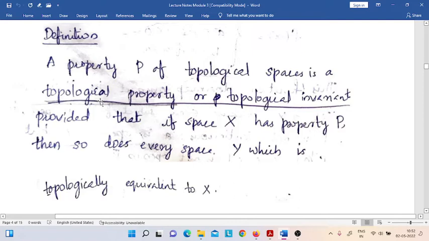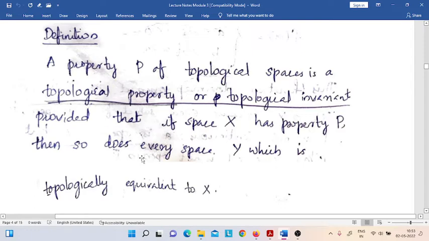The property is called a topological property if the space X possesses the property, and whenever the space X possesses the property, then if Y is another space which is topologically equivalent to X. We have already seen the definition of topological equivalence.